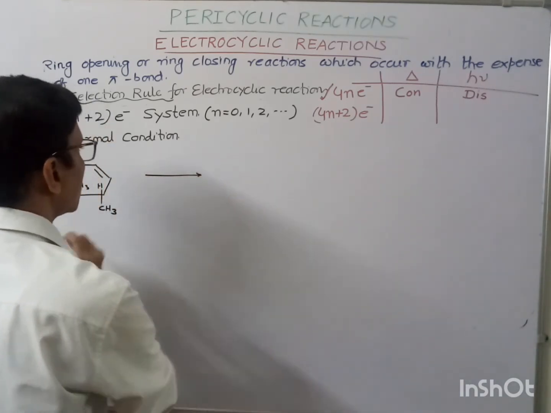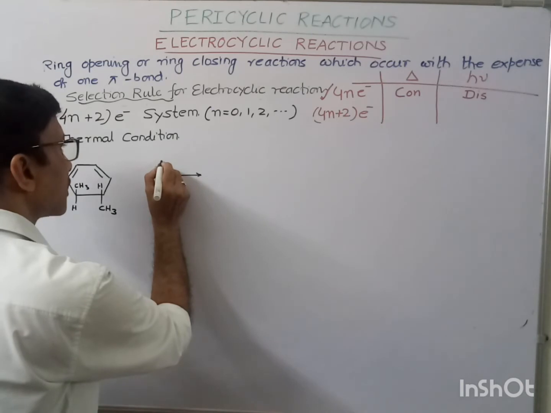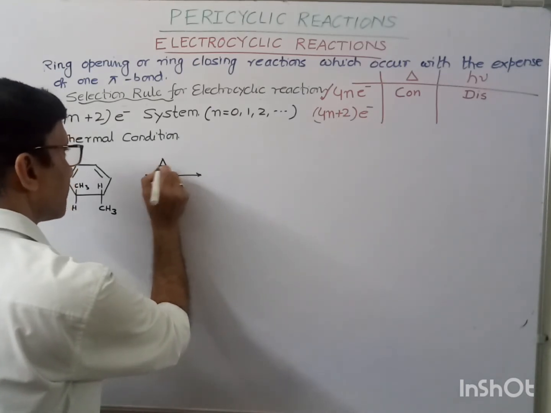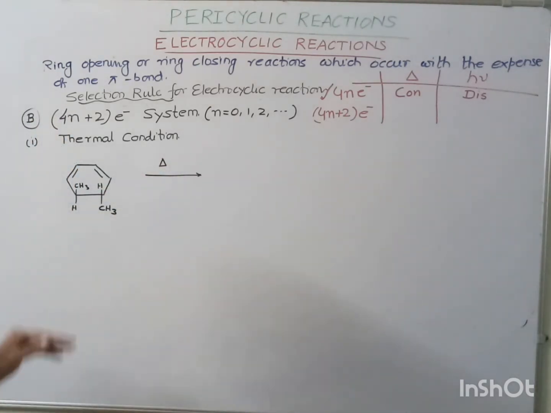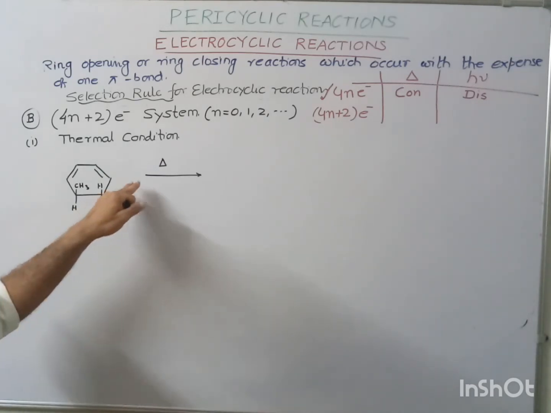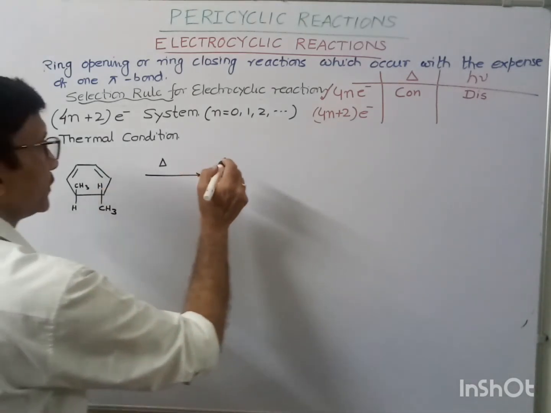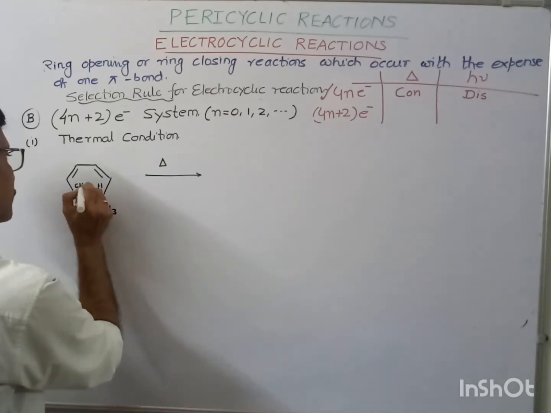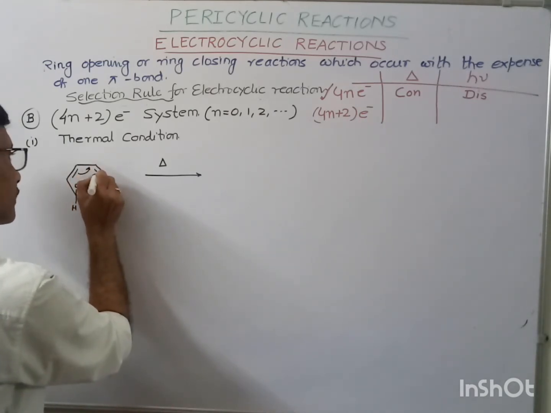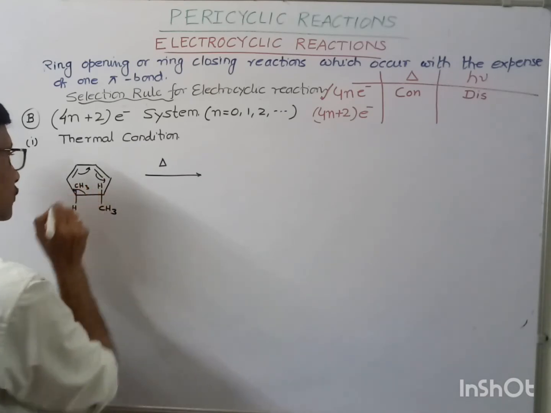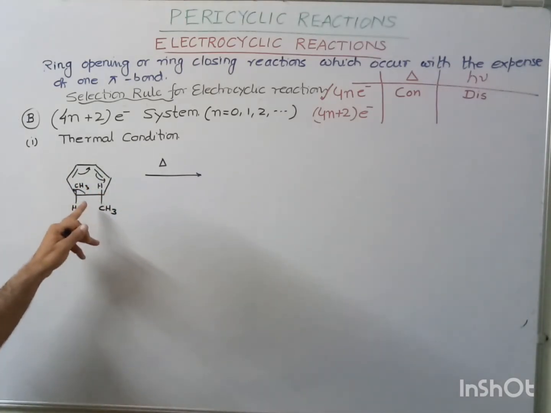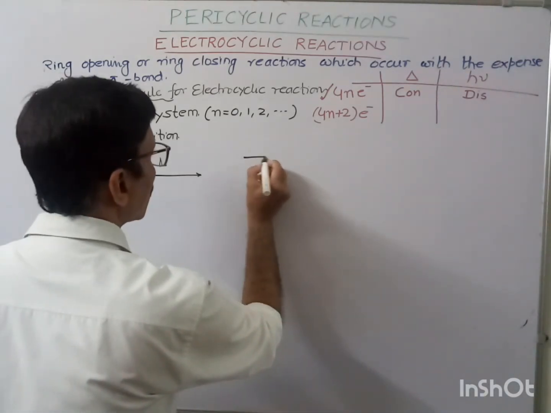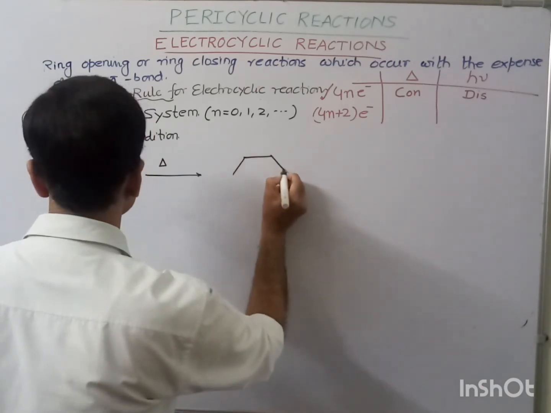Now under thermal condition, experimentally it was seen that the product obtained was this. Here this sigma bond will break, this will come over here, this will go over here, and this was the product.